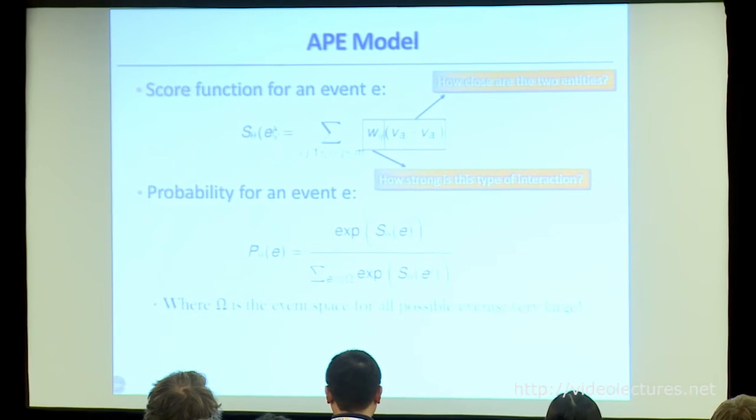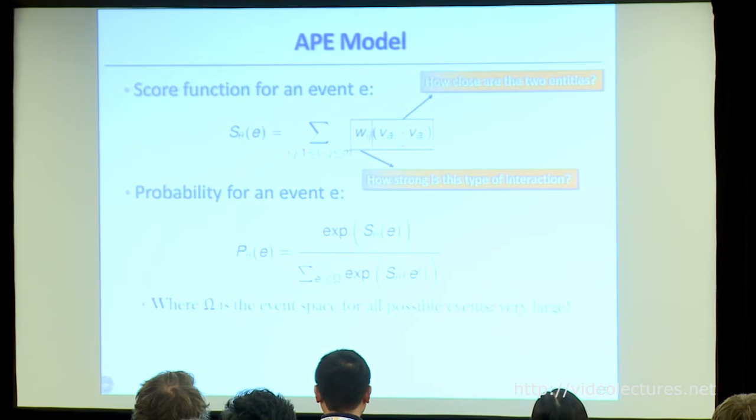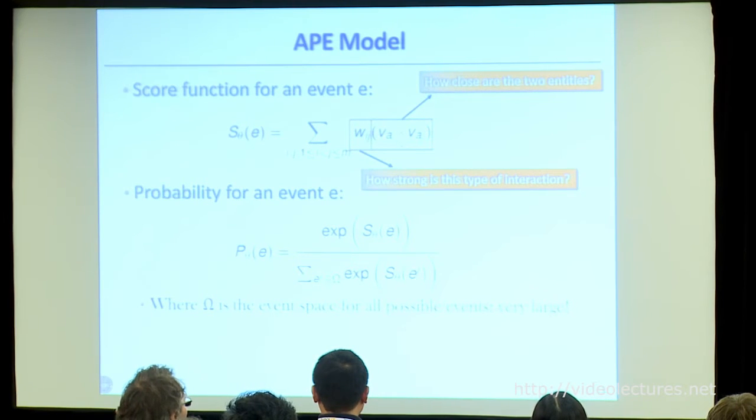So according to this idea, we have defined the probability for each event in this way. First of all, we assign a score to each event. For each event, there is its ego network, and we explore the pairwise interaction between all the entities linked to that event.